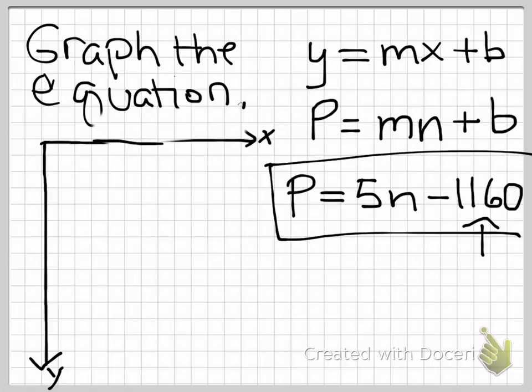So let's think about the y values first. If we are starting at negative 1160, I would want to at least go by 100. Maybe we could go by hundreds. That's not even going to be enough. So maybe by 200s.